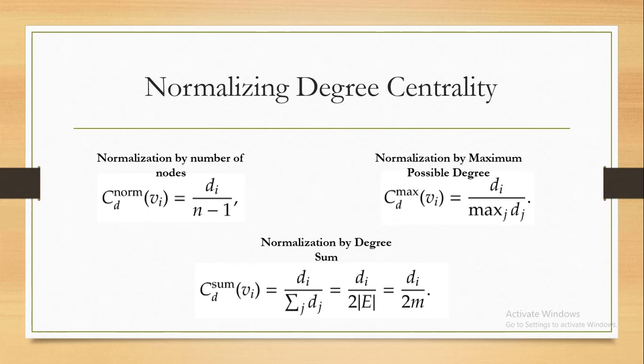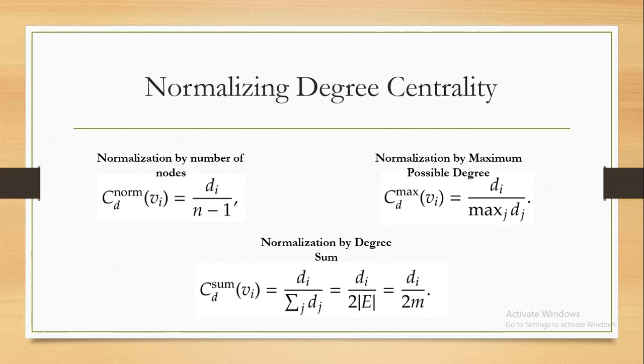But if someone has a maximum degree of 500, then for every user on Facebook, while calculating the degree, we will calculate the user's degree upon the maximum degree, that is 500. So in our case, the degree of Hrithik Roshan is 100 upon 500, that is 1 by 5.